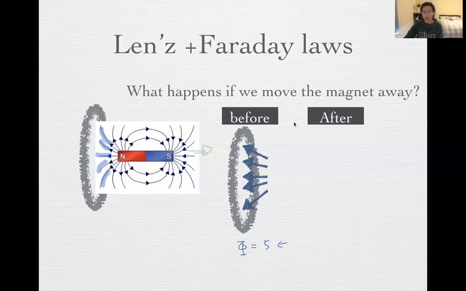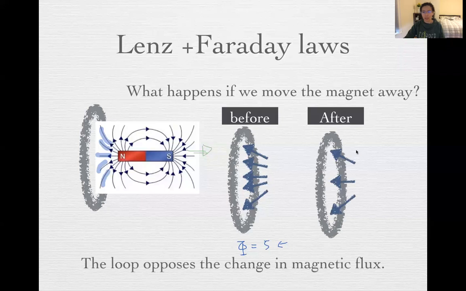After we move the magnet away, you can imagine there will be fewer magnetic field lines going through the loop. So it will look more like this. Instead of 5, you will have only 3 now, let's say. This is just a number I made up. It's probably 2 or 1, I don't know, but there must be a moment where there are only 3 magnetic field lines going through the loop.